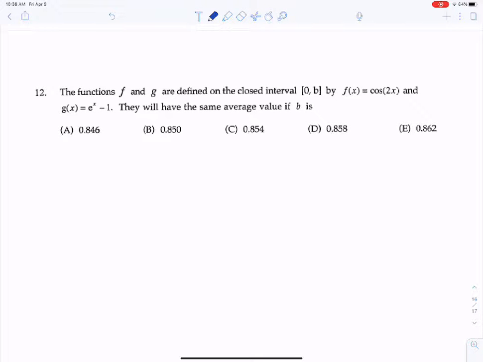So the functions f and g are defined on the closed interval, and g of x equals that. When will they have the same average value? Okay, so what do we want to know here? We want to know, when are they going to have the same average value?